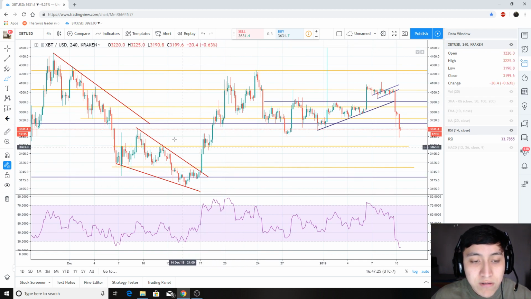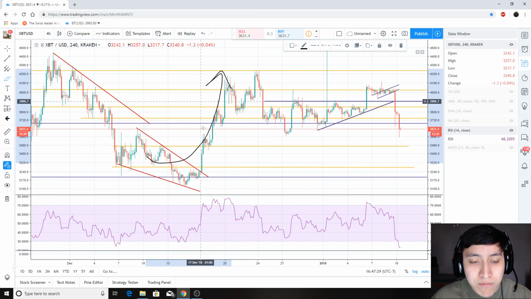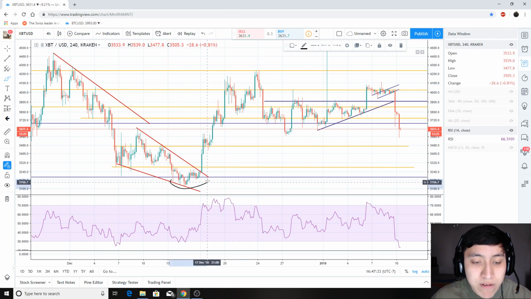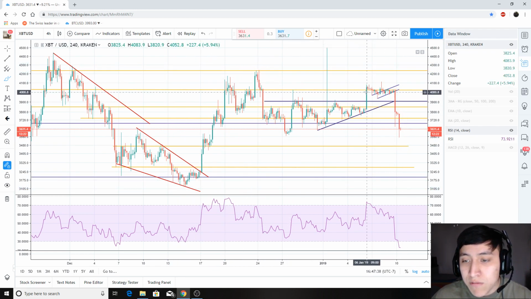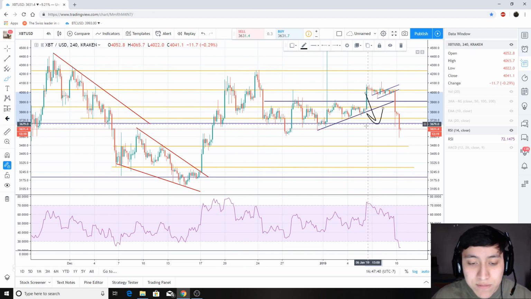And as you see here, this shape came to fruition and we had a short bull run that was temporary, and we went from 3,100 all the way up to 4,200, and now we're going to continue to go down, right?